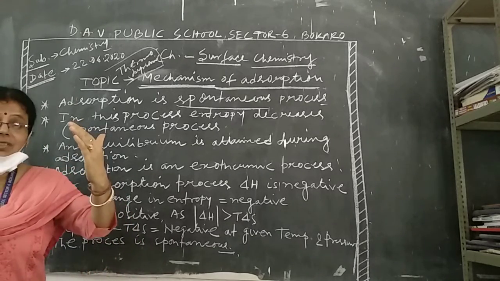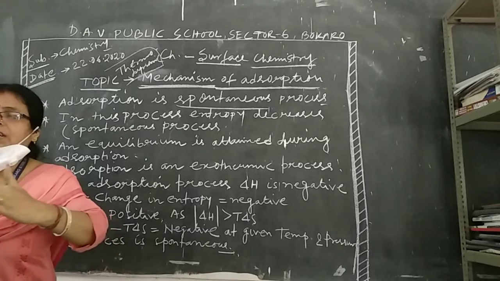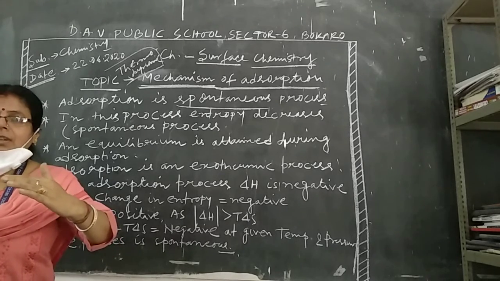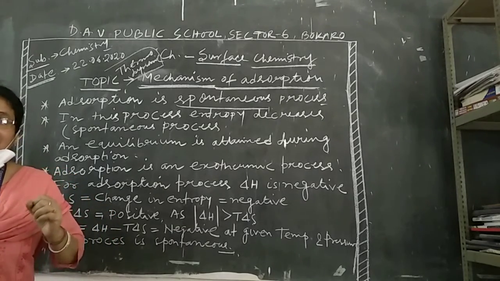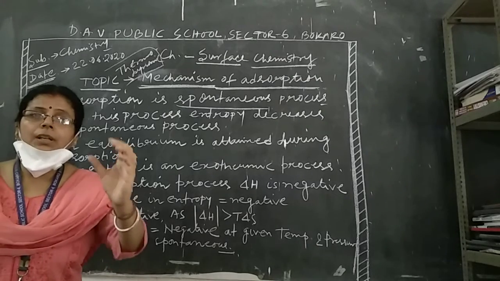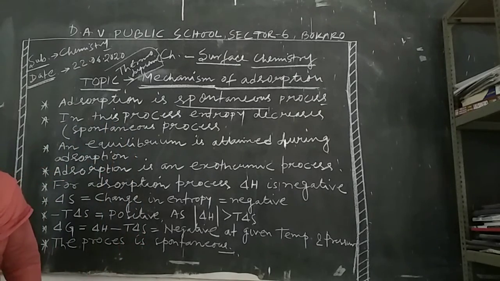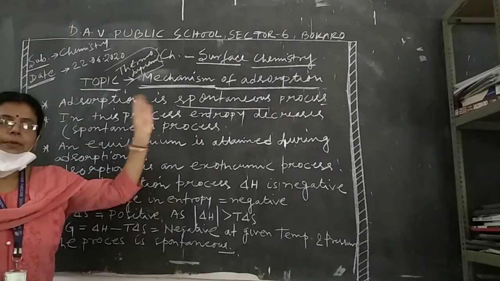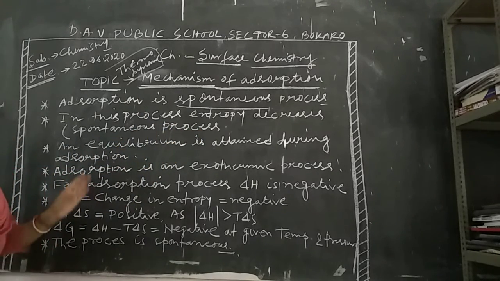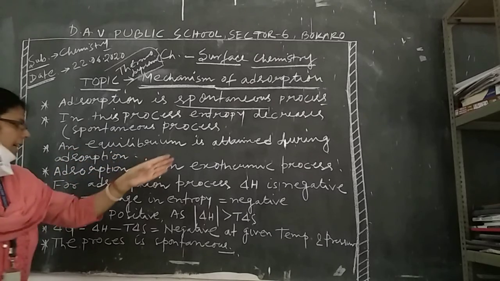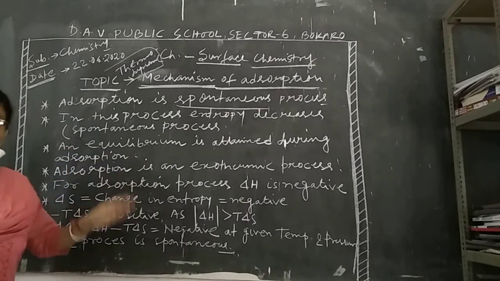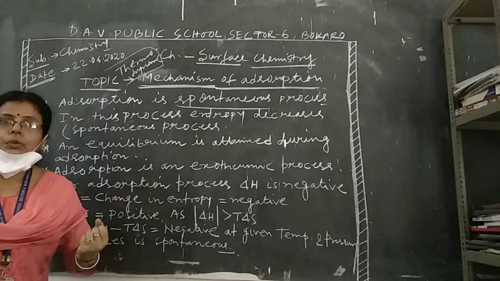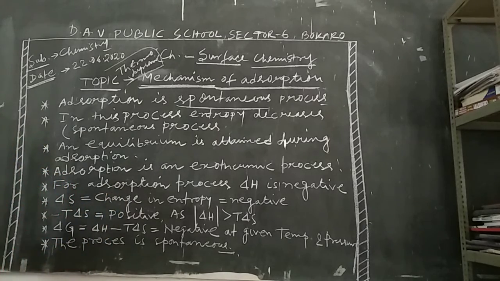But when a gaseous substance adsorbs on the surface of a solid, the randomness of the adsorbate decreases. So the entropy is decreasing in this process. Next, an equilibrium is also attained during adsorption.